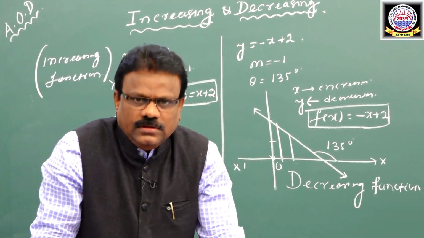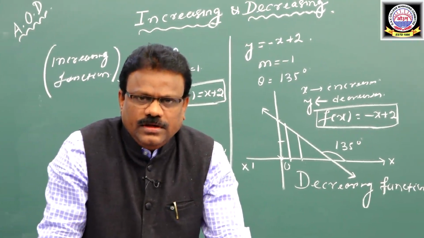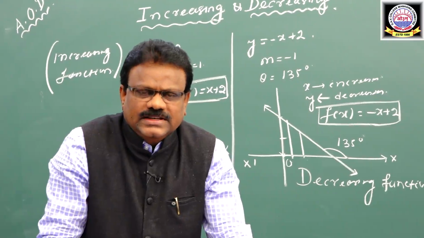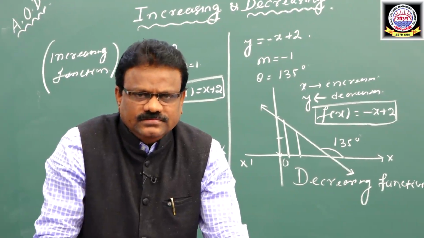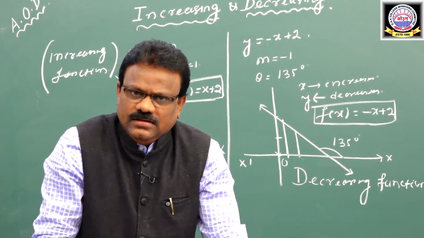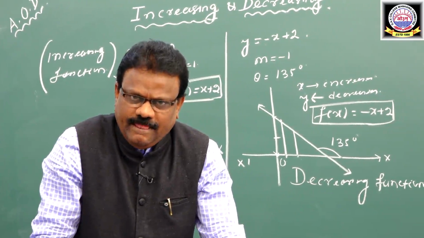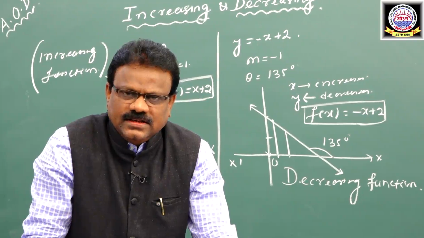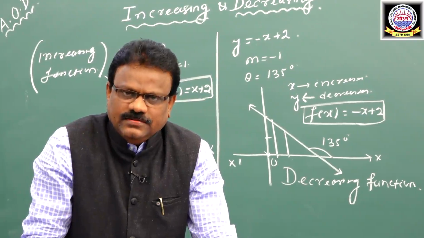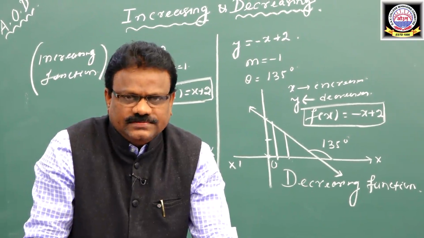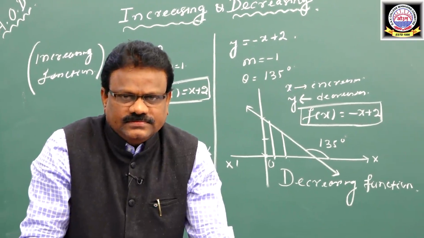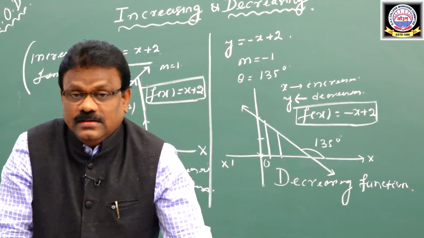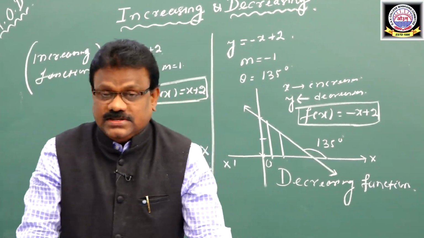Point 1, the function f of x is said to be increasing in an interval if the value of x increases, simultaneously the value of y also increases. In case of a decreasing function, similarly you write the definition by yourself.